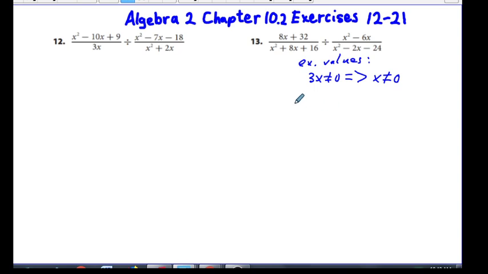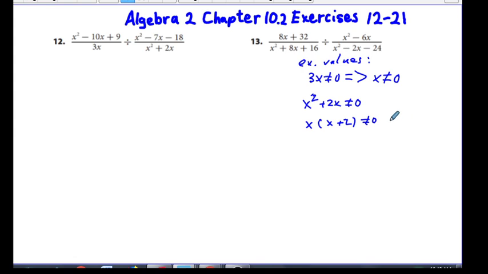We have x squared plus 2x cannot equal 0. So that would be x times x plus 2 cannot equal 0.